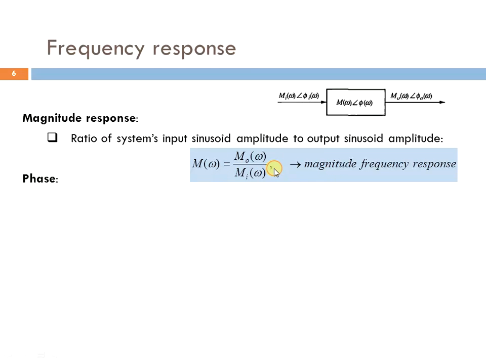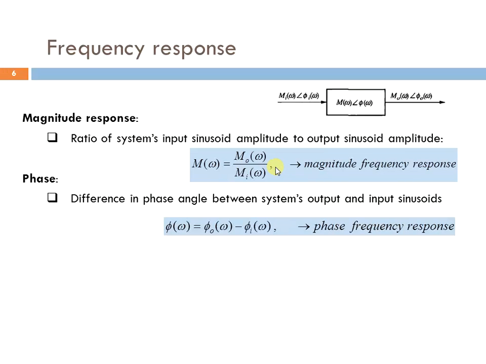The phase response is the difference between the phase of the output waveform and the phase of the input waveform. So we note here the important point that the magnitude and phase responses are both functions of the input frequency, and so we are able to analyze how these two quantities change as the frequency is varied, say from 0 to infinity.